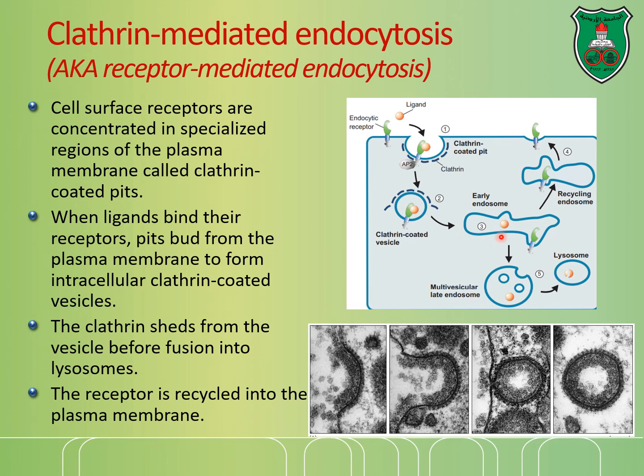Now the ligand dissociates from the receptor, and the receptor is recycled back into the plasma membrane. The ligand, on the other hand, is transferred from early endosomes. They mature to late endosomes, and then they mature into lysosomes, where the ligand is degraded.